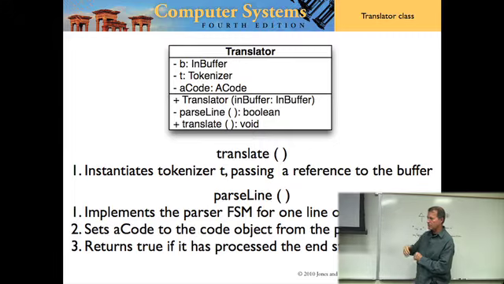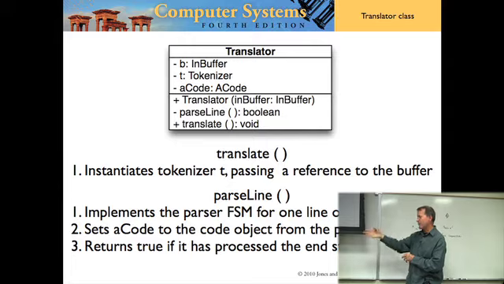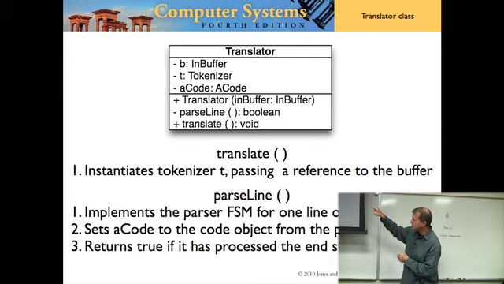Basically, it's not actually the main one but the action performed one, but you know what I mean. It instantiates the buffer, puts the source program in that buffer, and then passes a reference to that buffer to translator. So therefore translator has an in buffer as an attribute, all right?